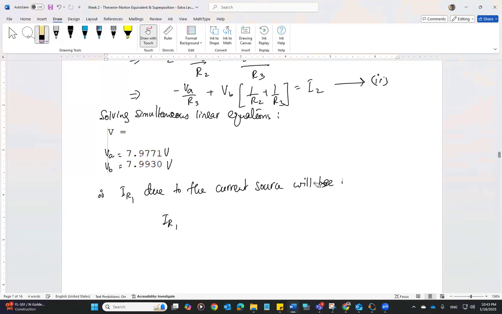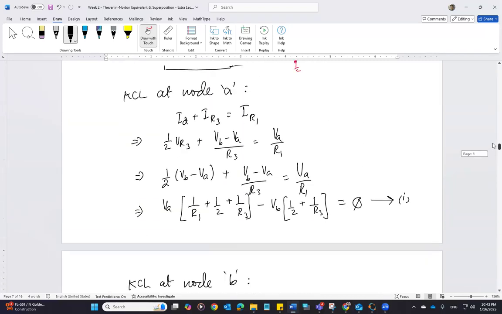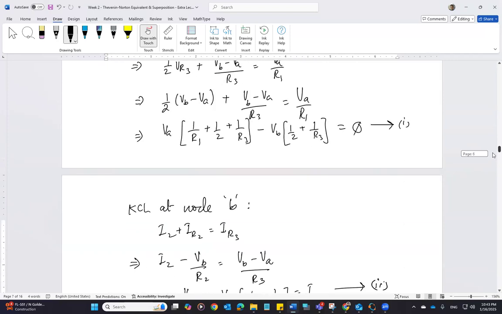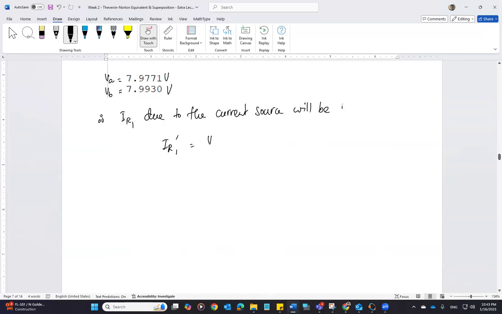Let's call this IR1 prime equals, what was that? Is that VB or VA? That is VA over R1.